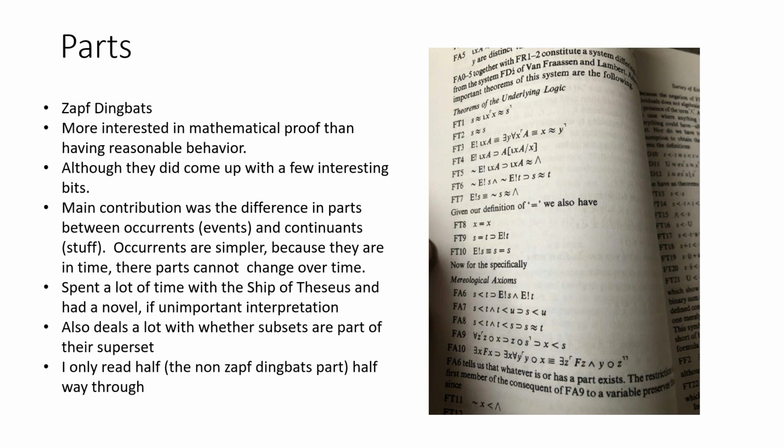So you could have two versions if you wanted to. Anyway, he also dealt a lot, as did Michael in his paper, with whether subsets are a part of their superset. We're going to get into that. But this is a pretty dense book. I read about half of it, and I didn't do any of the proofs.